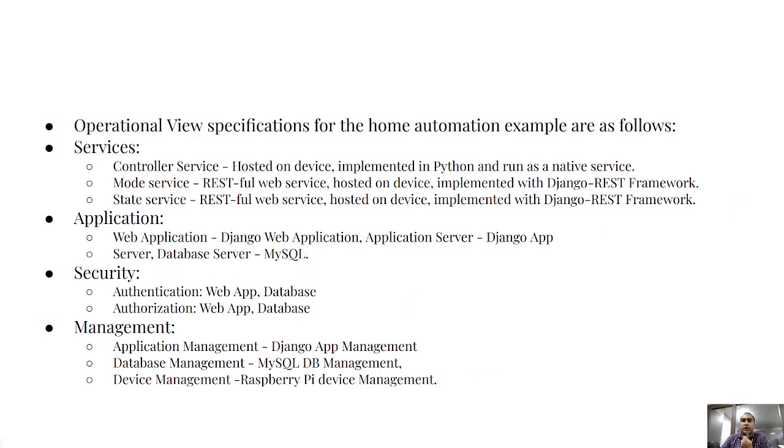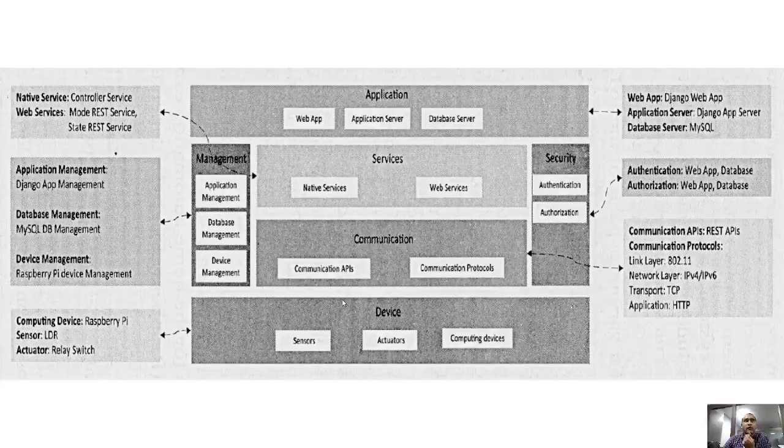So from a security and management point of view, for authentication we have the web app and database, and similarly for authorization we have the web app and the database respectively. And for application management we have the Django app management. For database management, MySQL DB has been used, and similarly for device management the Raspberry Pi device management has been used.